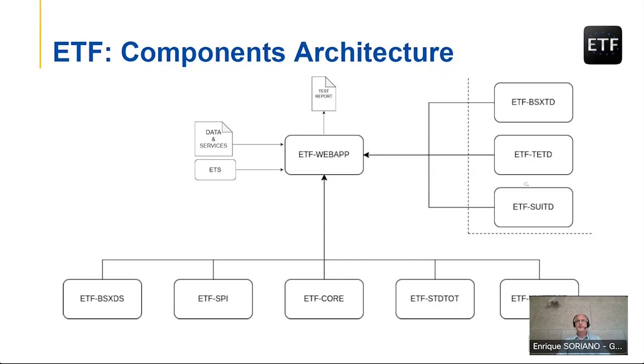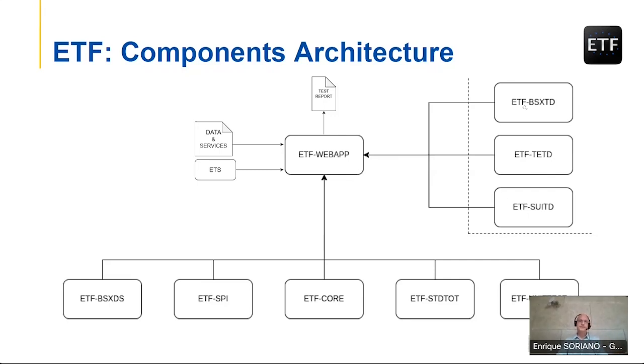But we wanted to emphasize again these three. These three components, the Basex test driver, the TEAM Engine test driver, and the SoapUI test driver, are key for the ETF because they are the modules that provide the capabilities to create and to execute the executable test suites. As commented, using XQuery, using SoapUI and Groovy, and also using an external resource, which is the TEAM Engine.